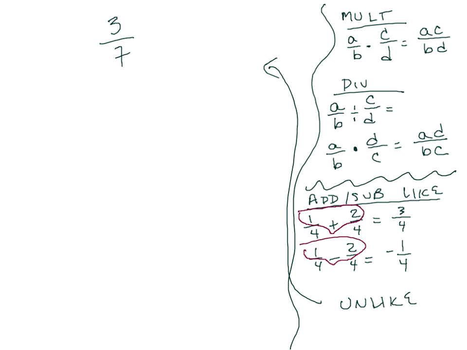See up here. 3/7 plus 2/5. Okay, you have to get a common denominator. You first think about what is the least common denominator here. So you're trying to figure out, what do both 7 and 5 go into? Well, they both go into 35. So some way you've got to get your denominators up to 35.